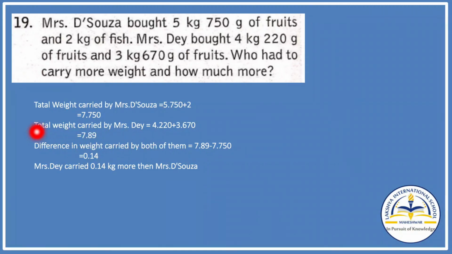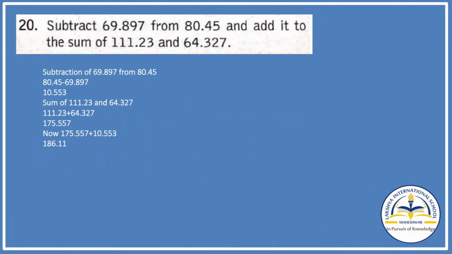Now for the other person we have to find the total, and then find the difference between them. That will be 7.89 minus 7.75. So 0.14 is the value by which she carried more weight. Mrs. Dey carried 0.14 kilogram more than Mrs. D'Souza.